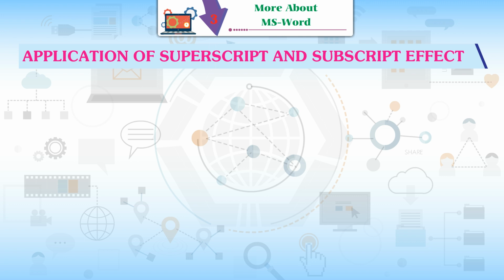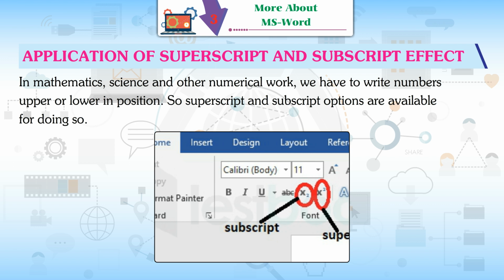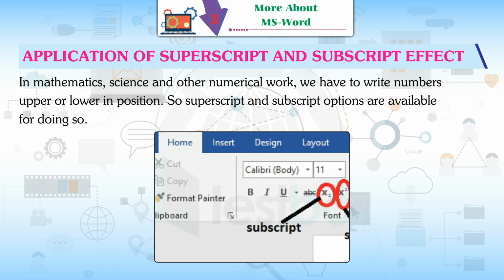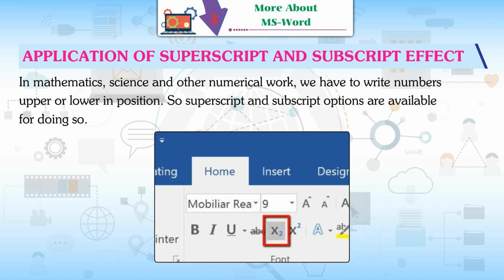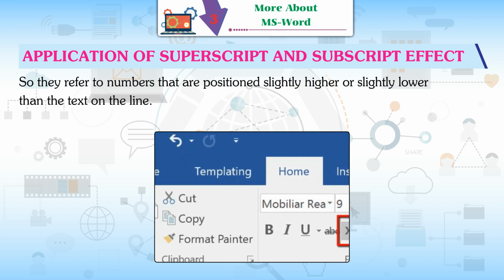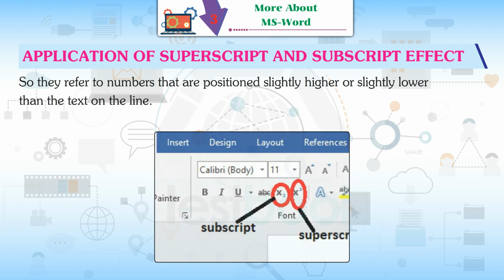Application of superscript and subscript effect. In mathematics, science, and other numerical work, we have to write numbers upper or lower in position. So superscript and subscript options are available for doing so. They refer to numbers that are positioned slightly higher or slightly lower than the text on the line.